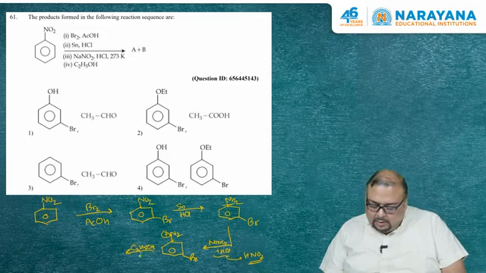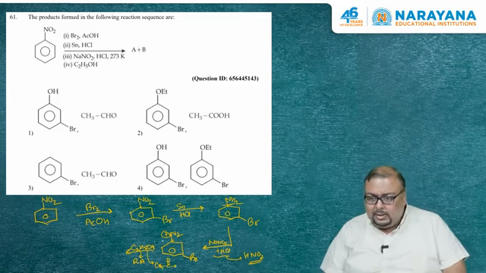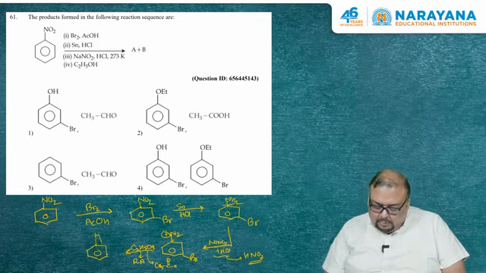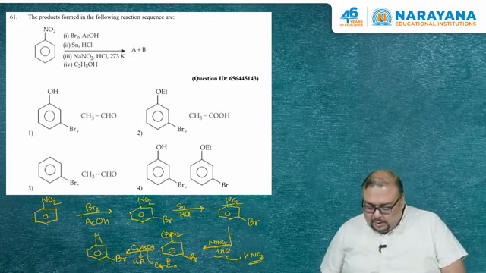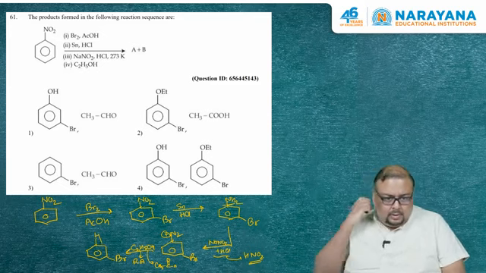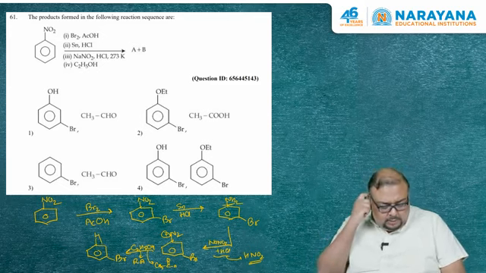Now C2H5OH in this case will be acting as a reducing agent, and it will get converted into CH3CHO, and the H- ion will reduce N2+ to hydrogen. So the final product will correspond to something like this. So you'll get bromobenzene, and C2H5OH will become CH3CHO. Okay, so the correct answer should be option 3.